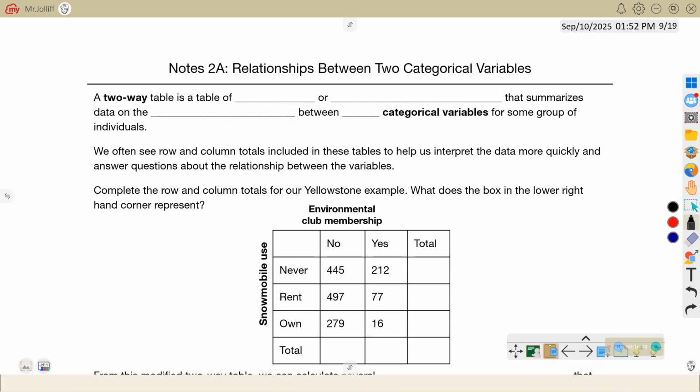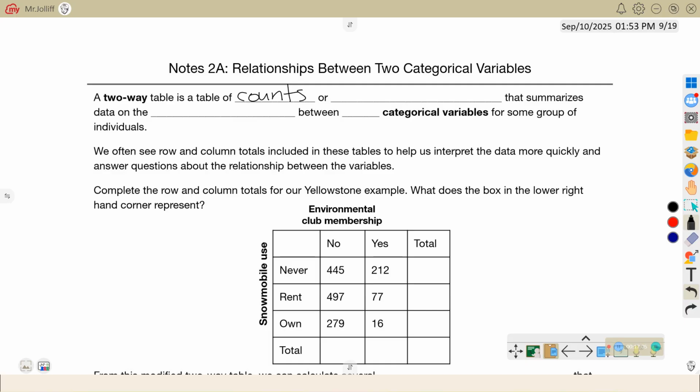Okay, so two-way tables are almost always tables of counts, also called what? Frequency. Very good. These are usually tables filled with frequencies.